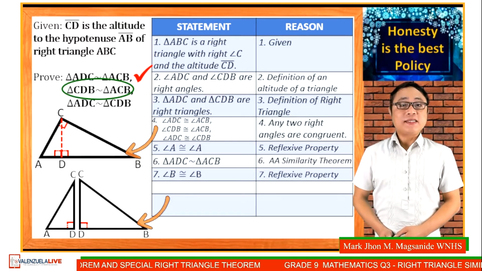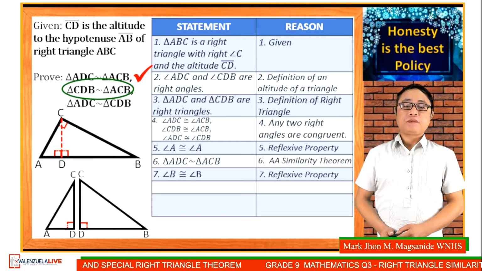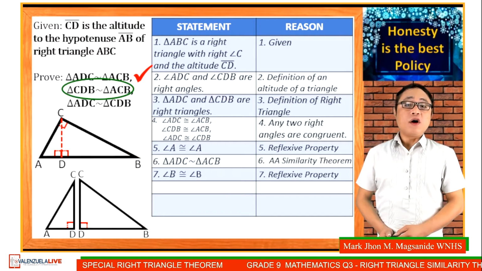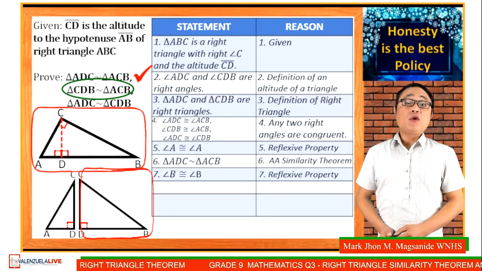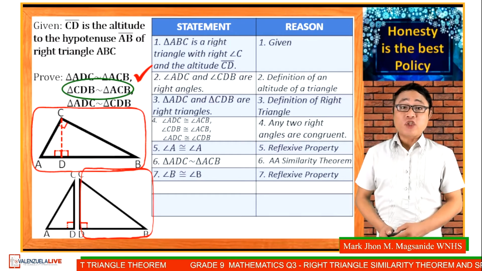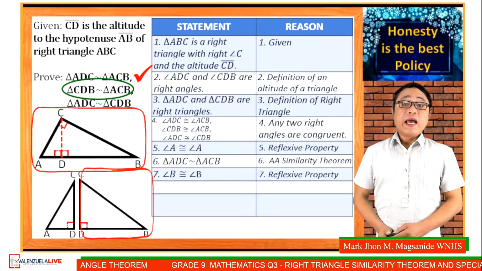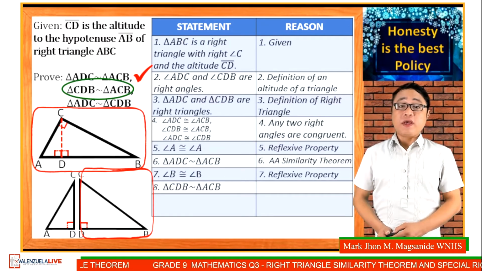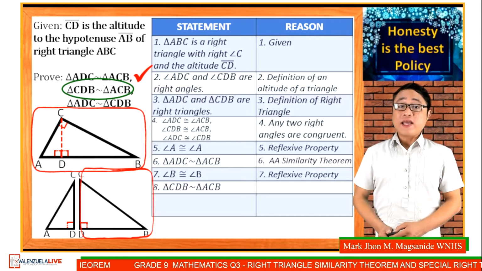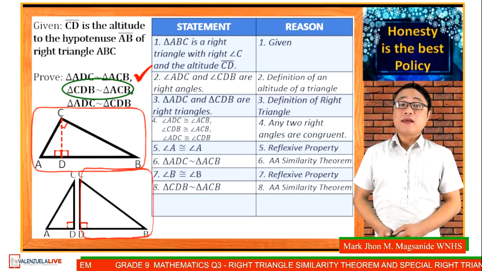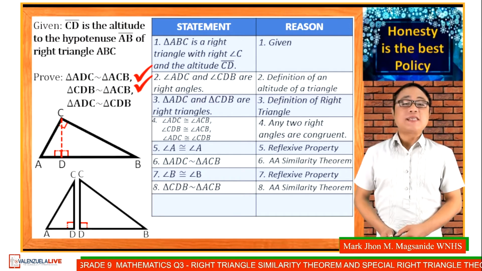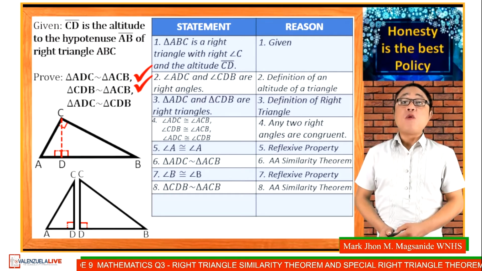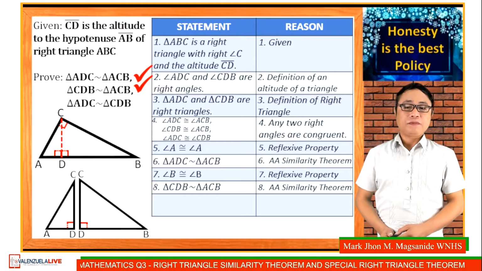It is reflexive property. Two angles of triangle ACB are congruent to corresponding two angles of triangle CDB. Hence, triangle CDB is similar to triangle ACB by AA similarity theorem. And the second pair of triangles was proved similar.